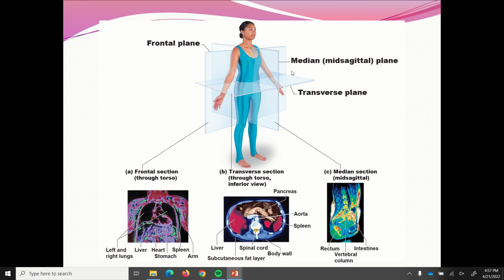The transverse plane divides the body into superior and inferior halves. At the bottom of this image, you can see three viewpoints. The frontal section is A, B is the transverse section or cross section, and C is the sagittal section.